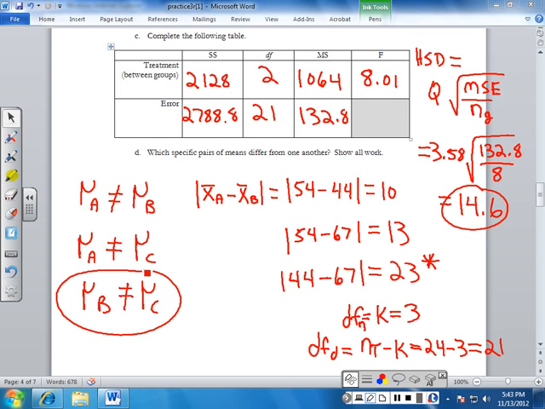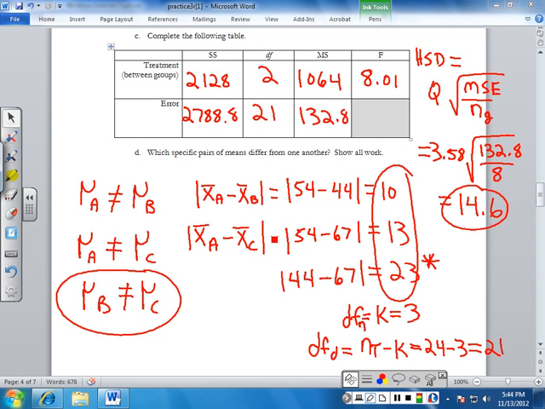What did you compare your 14.6 to? All of the differences between sample means. Okay, so I got the absolute value. I didn't write the formulas down every time. You can see the pattern here. I did make the calculations, the 10, the 13, and the 23.